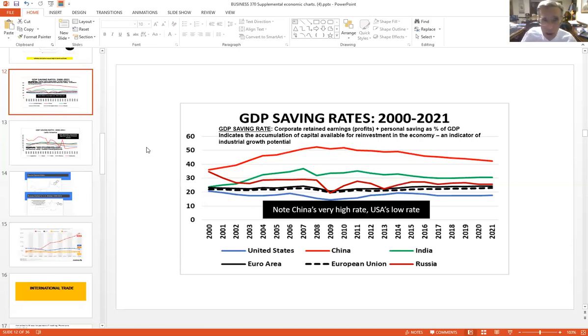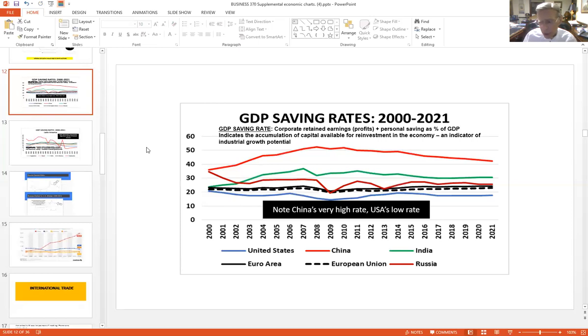So is it that much of a surprise that China's economy has grown faster than more mature economies, where we would expect the corporate profits and individual saving rates to be a lot lower, especially corporate profits? But here we see that China's saving rate, its GDP saving rate, has come down in recent years as that country matures. We would expect that.